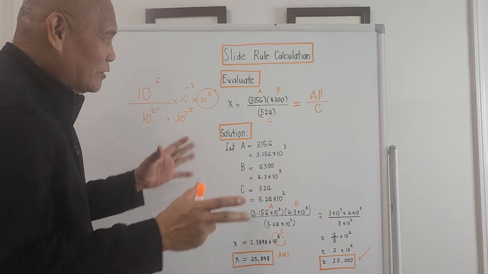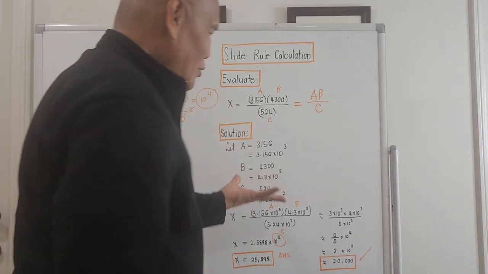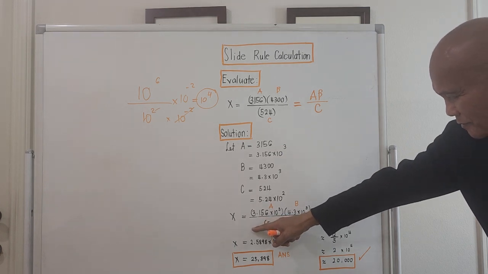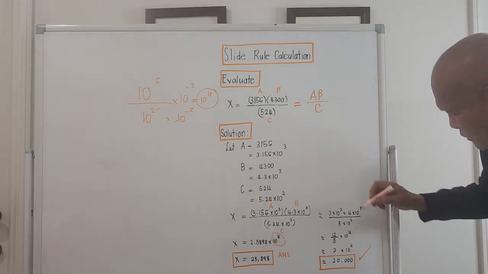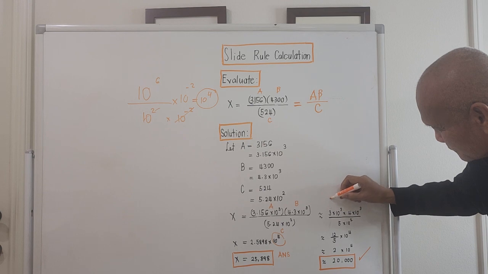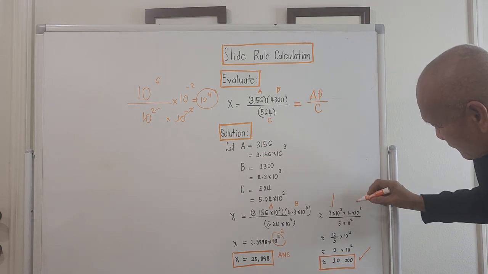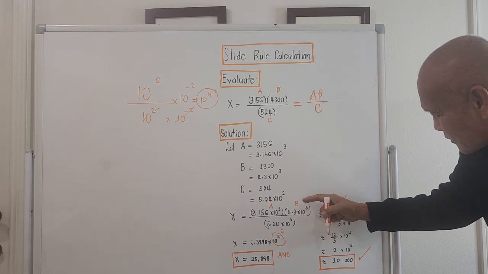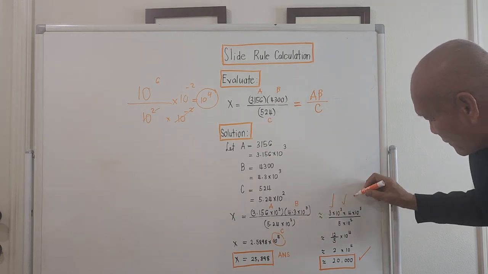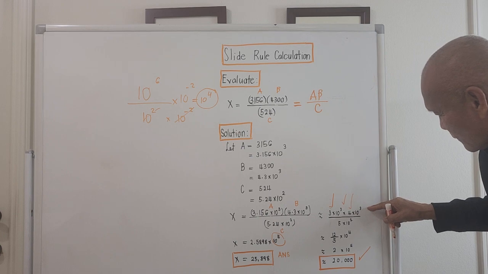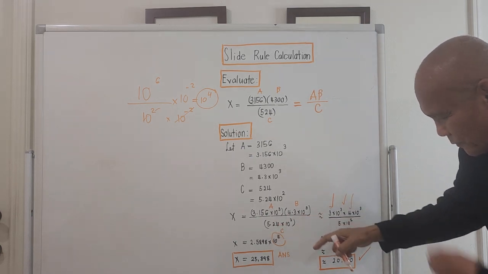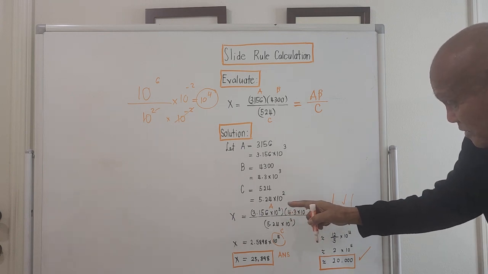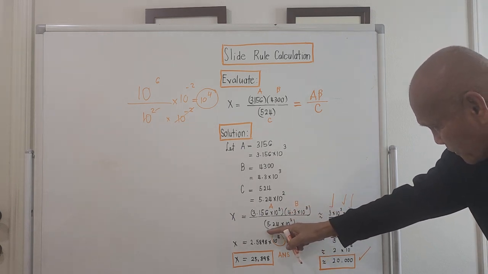Under the slide rule method before, we used something like this. 3.156, we approximate to be 3, times 10 cubed. And 4.3, 0.3 is less than 0.5, so we just place the 4, times 10 cubed. 5.24, 0.24 is less than 0.5, so we just take the 5.